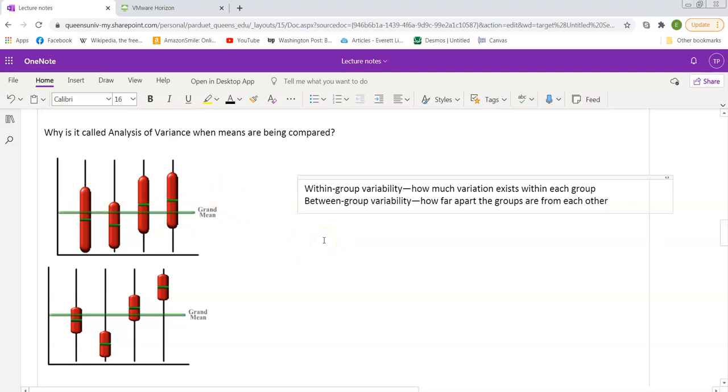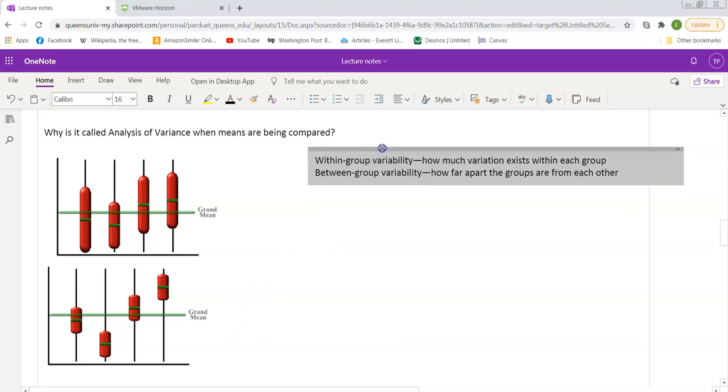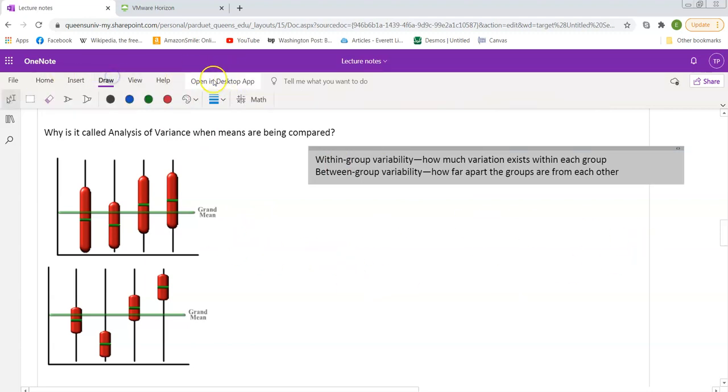If we compare that to this bottom picture, I'm going to go ahead and write this down. So in this top picture, we've got, I think, a large within group variability.